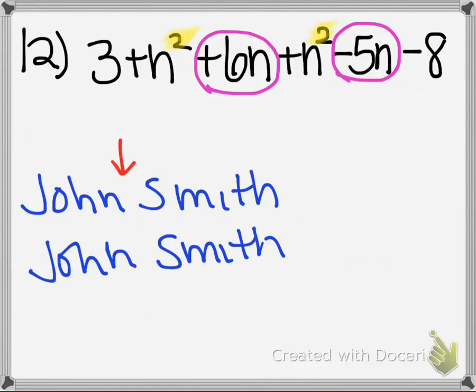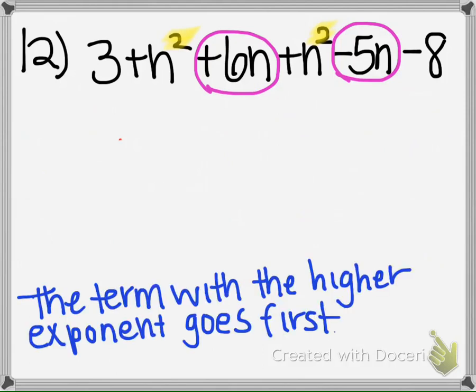So if this John Smith had Alex as the middle name, he would come before someone who had, let's say, Bryce as the middle name. So just like in a phone book, we have a rule to follow. The same thing with algebraic expressions. And the rule is the term with the higher exponent goes first.